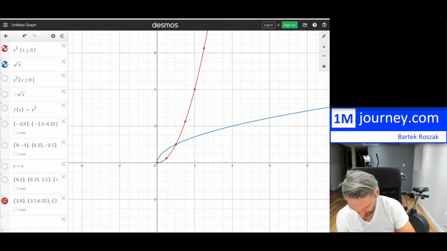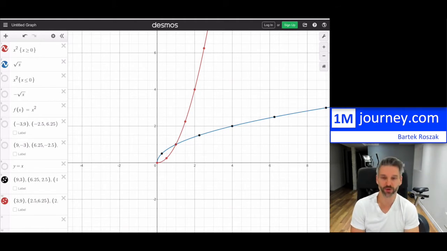Let me make sure that I have this correctly. So there we go. These are the positive inputs. And then this would have been just the square root of x as your inverse. Now this inverse does exist as a function because it only has one output for each input that we have. So you have to be careful with quadratics.